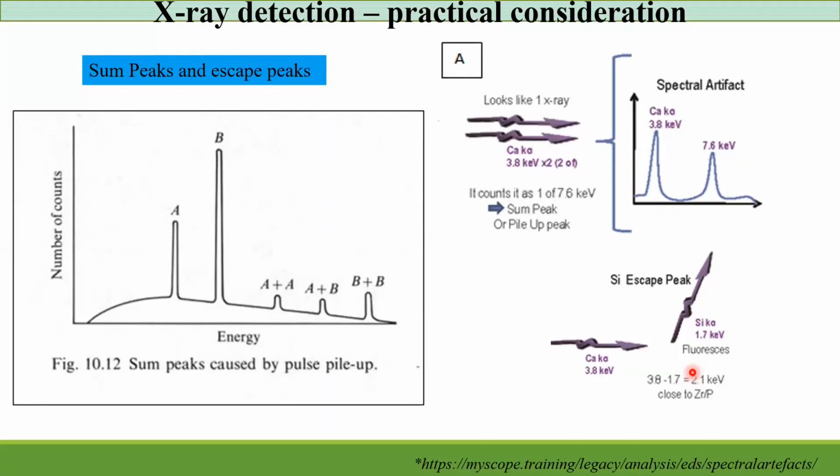So say it openly, say it honestly, no one will give you negative points over that, because everyone knows these are the artifacts possible in EDS. So just try to think over it theoretically, and try to add as much information as possible.